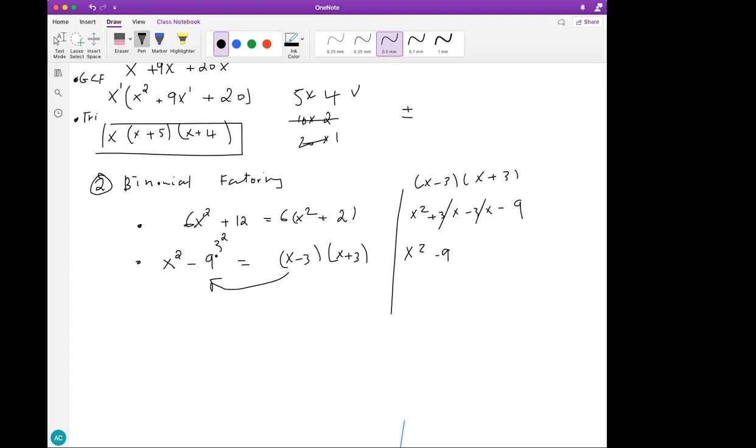Let me write it separately here: 9 is basically 3 to the second. So what do you notice? We just take the bases of the second power.